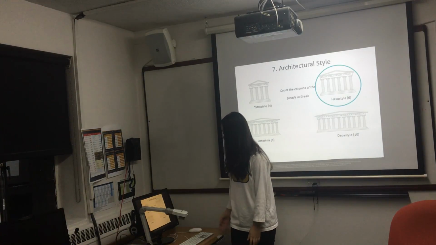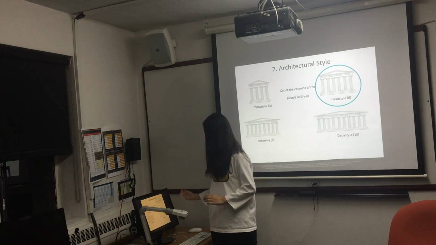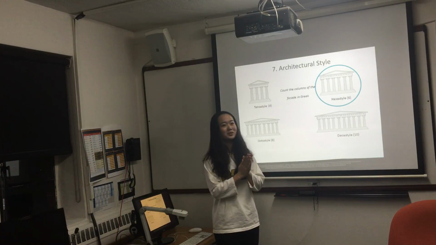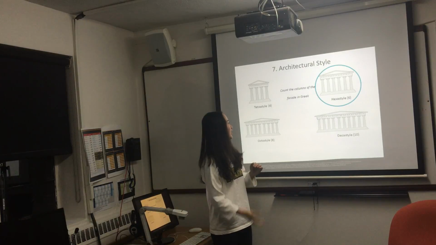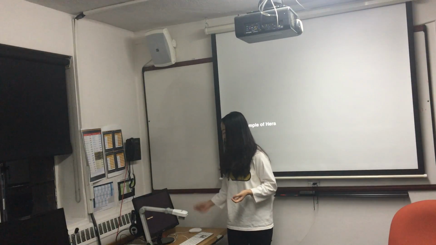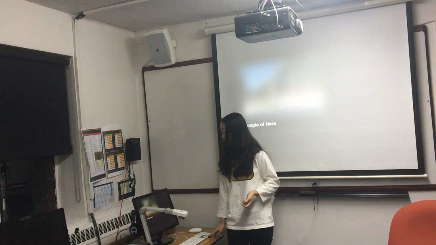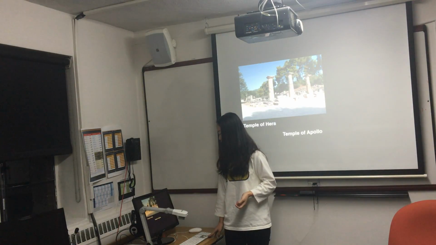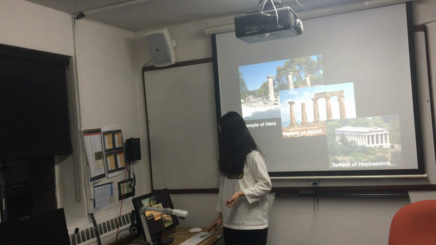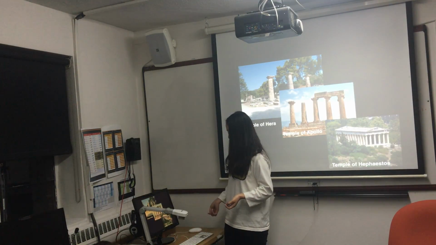And so the peripteral hexastyle is a very common style in the Greek period. For example, the temple of Hera and the temple of Apollo and the temple of Hephaestus.